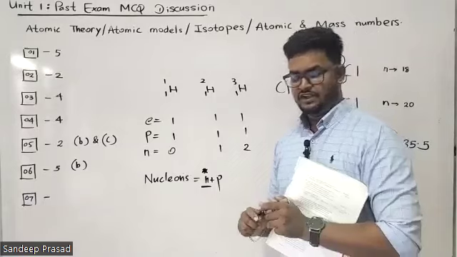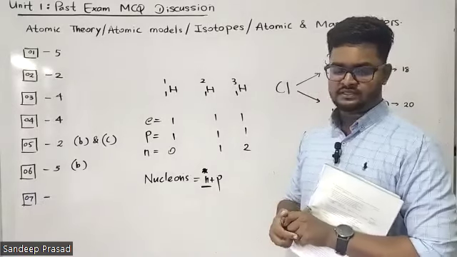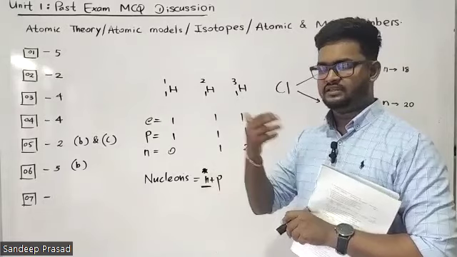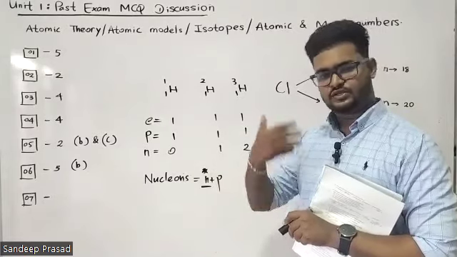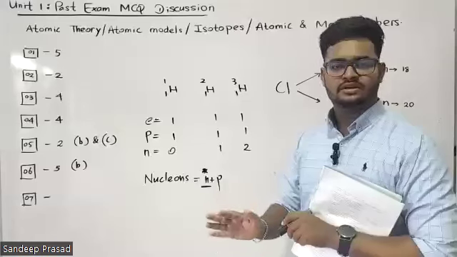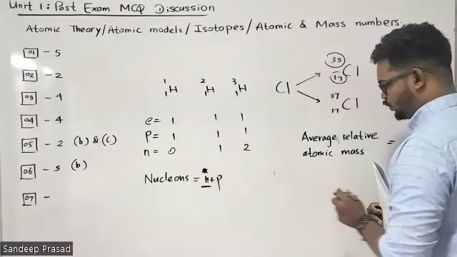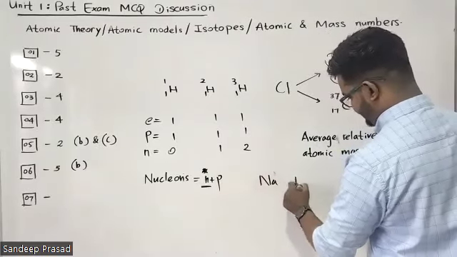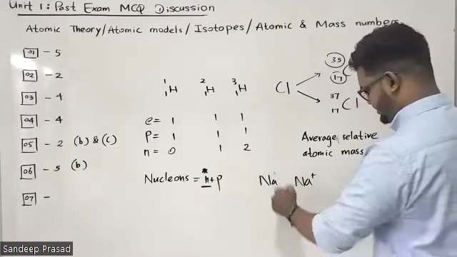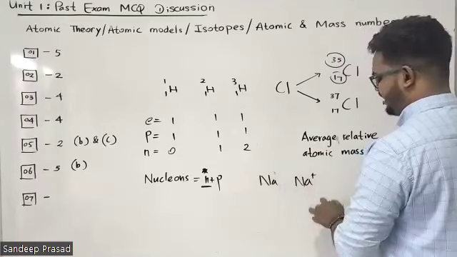Yeah, when you consider ions, that is wrong, because when they are forming ions, they either gain electrons or remove electrons. So in ions, this statement is wrong, because when you consider sodium and sodium plus, they are the same element, but in two different forms. This is an atom, this is an ion.